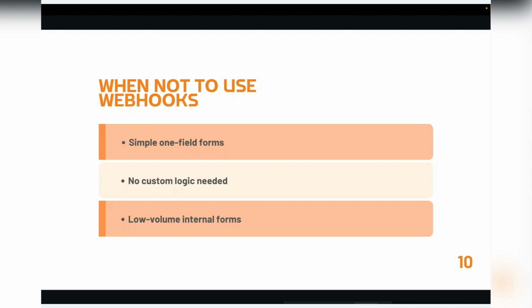Like I said earlier, you can just use the native integrations. That way, it can be easier to maintain and perfectly sufficient for your use case. So this is not to use webhooks everywhere, but to use them where you think of the complexity of logic in your system.